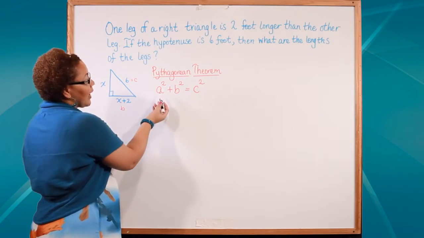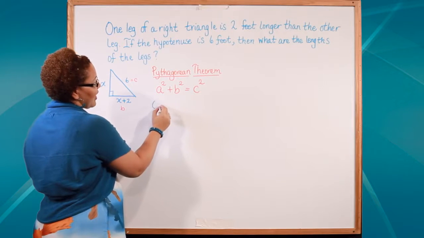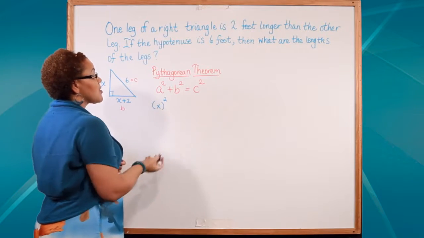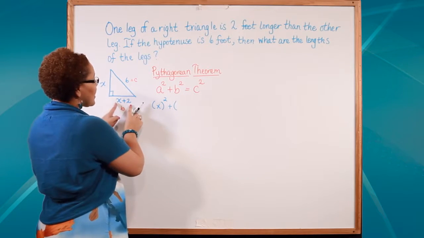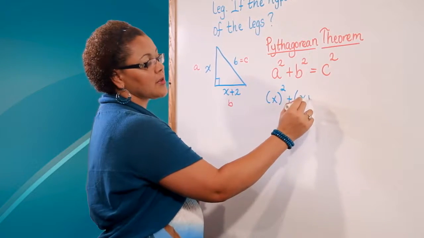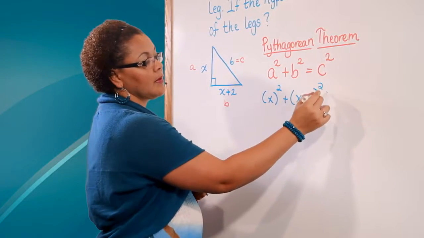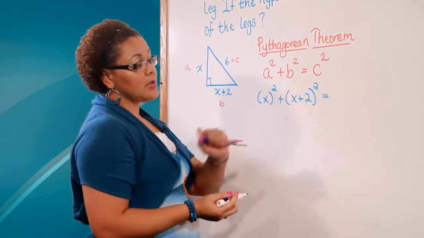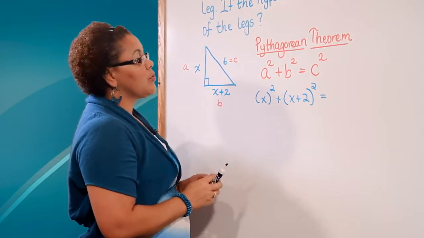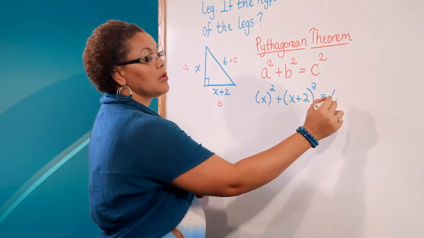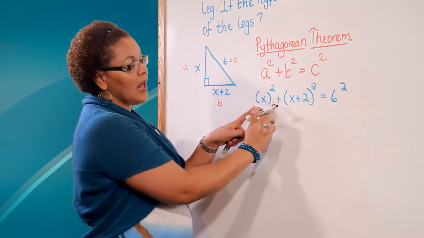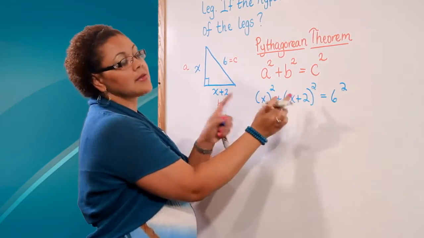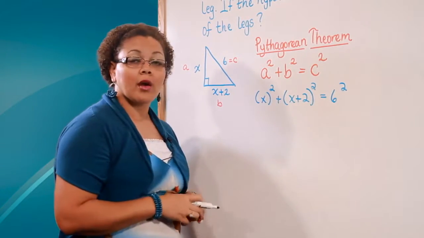In my formula, I will replace A with X, and that variable gets squared. I will replace B, or the second leg, with the expression X plus 2. That expression gets squared. Set equal to 6, which also gets squared.